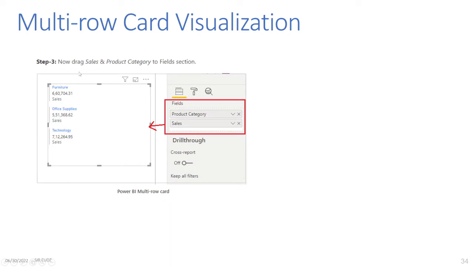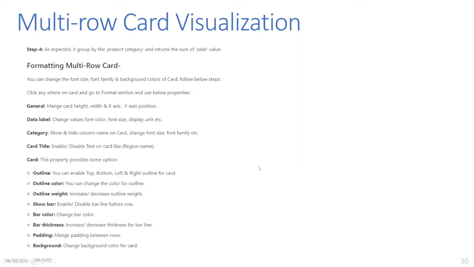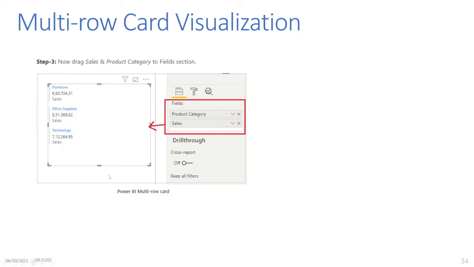Now drag sales and product category to the field section. It will display the product category and sales. As expected, it is grouped by product category and returns the sum of the sales value.